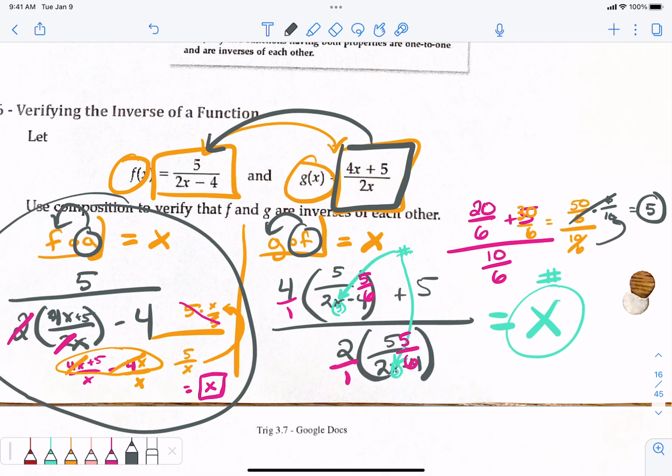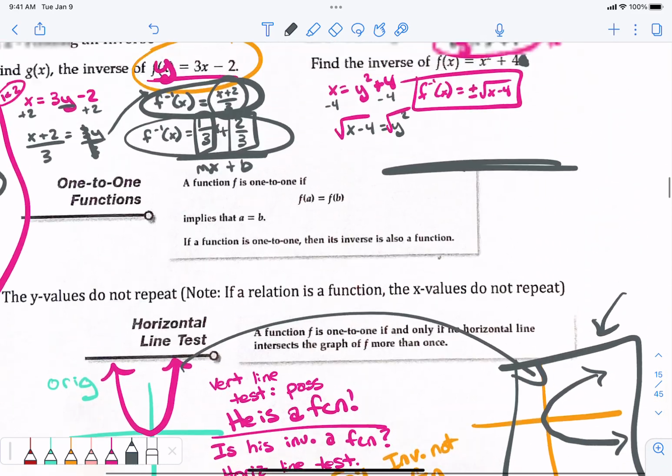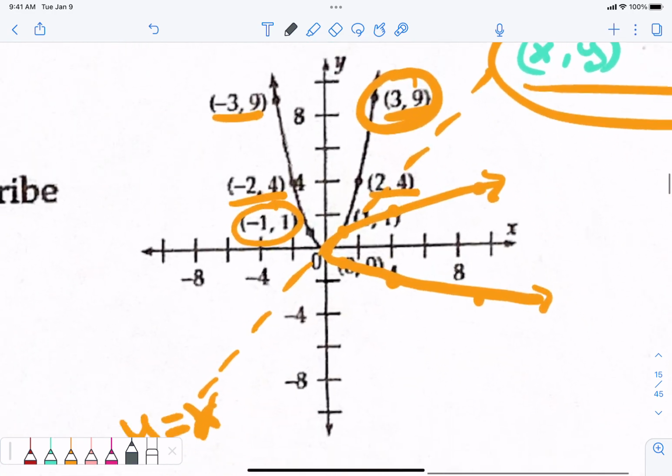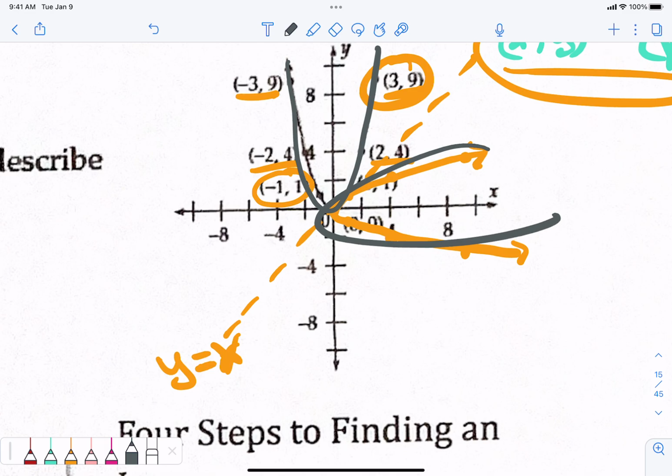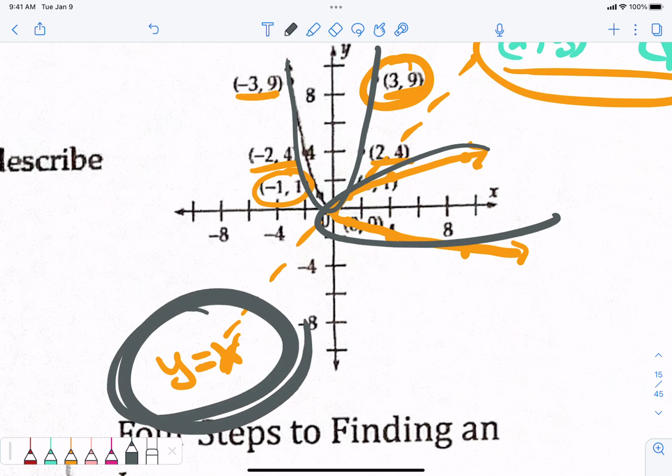Now hold on. Why does it come out to be x and not like 0 where everything cancels out, or like 1? Because y is equal to x. Because the graph, yes, exactly. The graph where we talked about the front side, if they are inverses of each other, they are reflections across the line y equals x. That's why when you put them inside of each other, it cancels out, right?